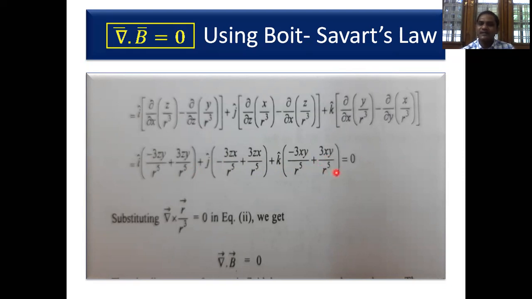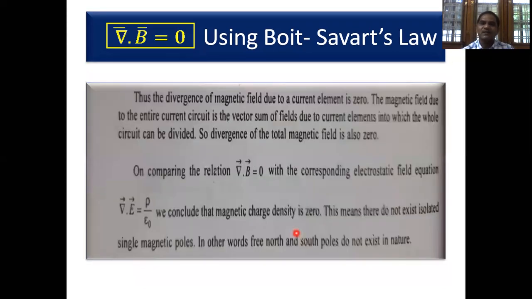All the terms get cancelled, equal to 0. So since del bar cross r bar by r cube equals 0, finally we get del bar dot B bar equals 0. In this way, we can prove the divergence of B bar equal to 0 using the Biot-Savart law.